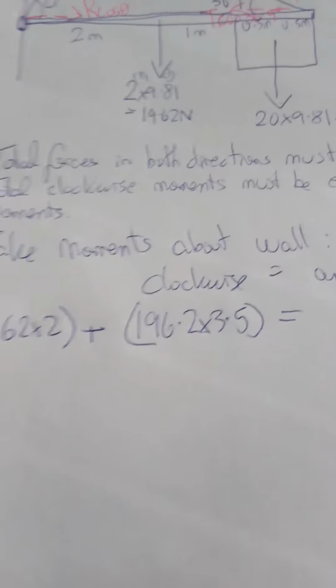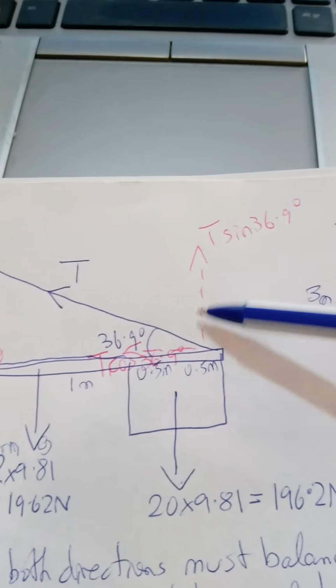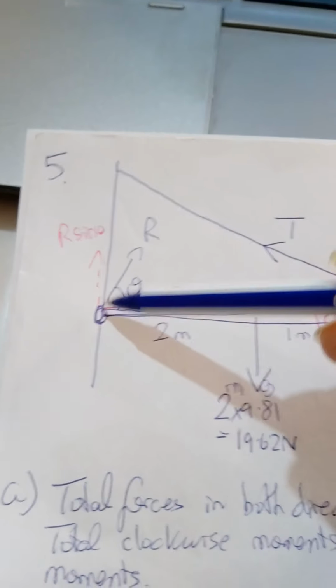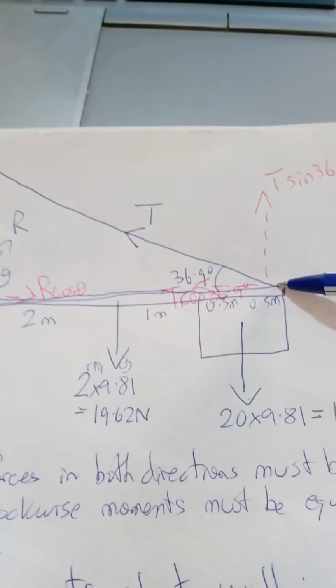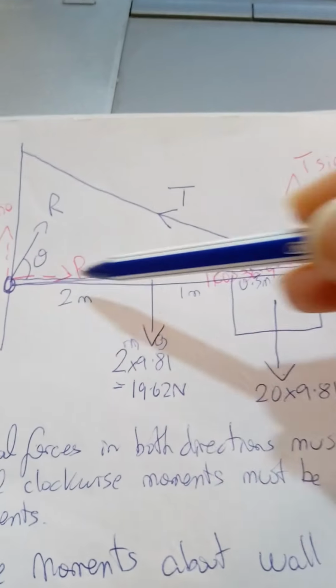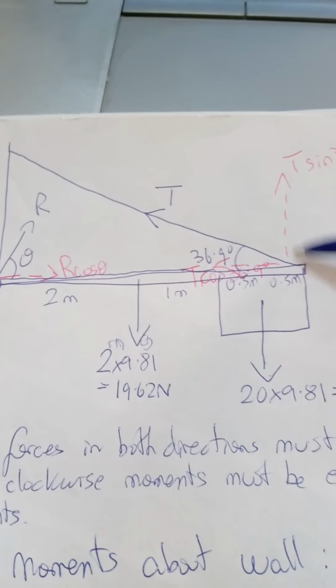And those are equal to the anticlockwise moment, which is this one. The perpendicular distance of T sine 36.9 to the pivot is now going to be 4 meters, because that acts from the end to the side. We've got 2, 1, 0.5 and 0.5, so that is times 4 meters.